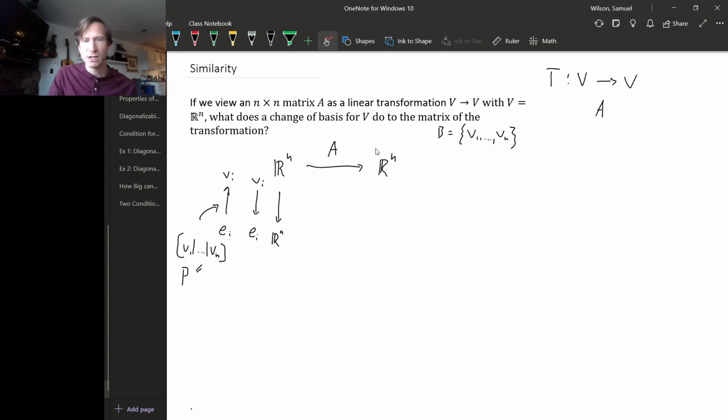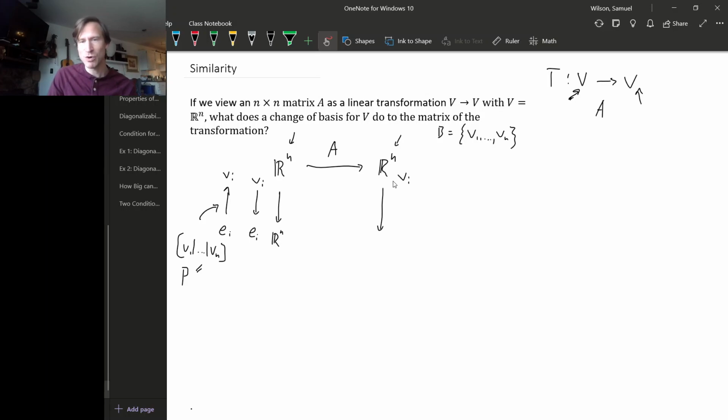Over on the range space side, remember, we're thinking of these two copies of Rn as being literally the same because we're thinking about a linear transformation that goes from one subspace to itself. So if these two copies of Rn are literally the same thing, then it makes sense to use the same basis over on this side.